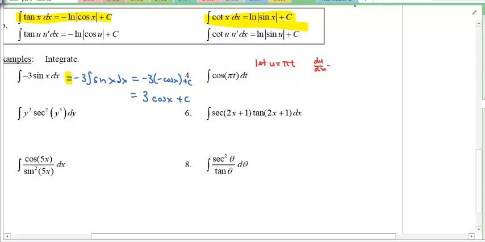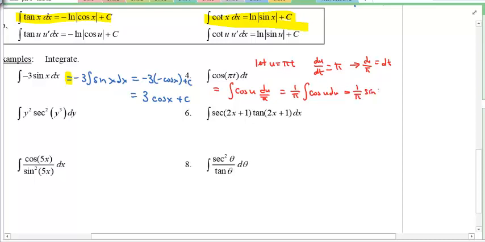Du dt, my mistake, du dt equals pi, and so therefore dt equals du over pi, which means that I can rewrite this as cos u with du over pi, which means I can take out the 1 over pi and ask you to actually just integrate cos u, and that equals sine.